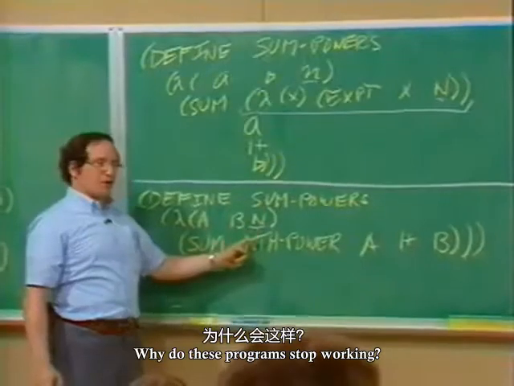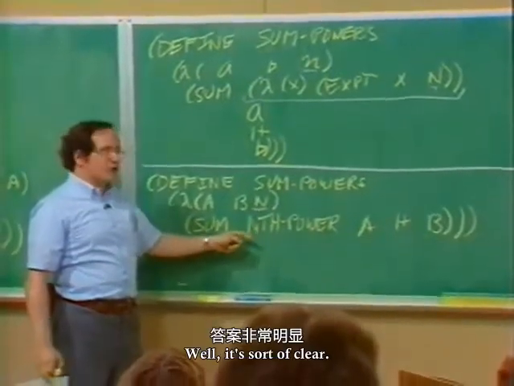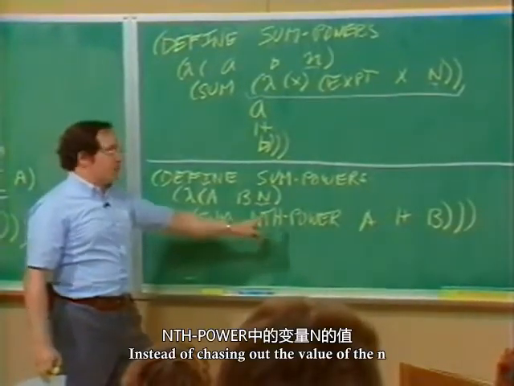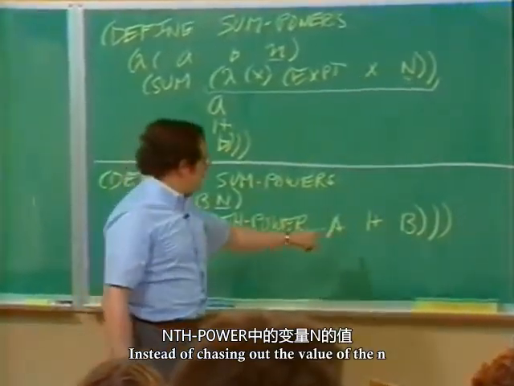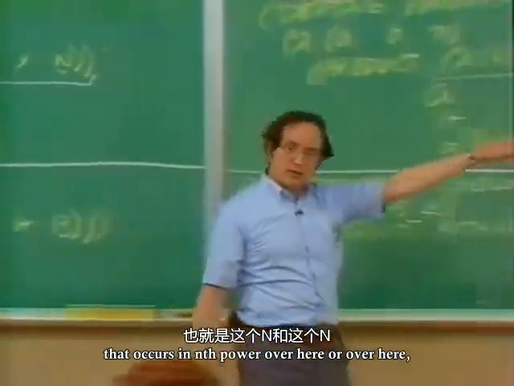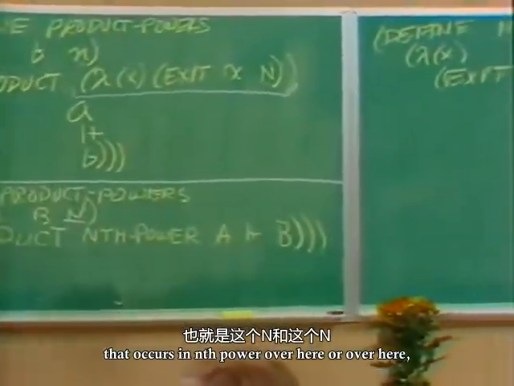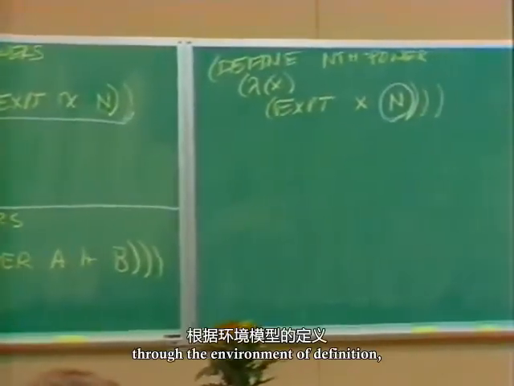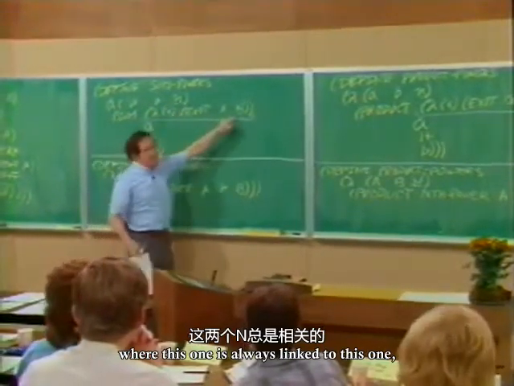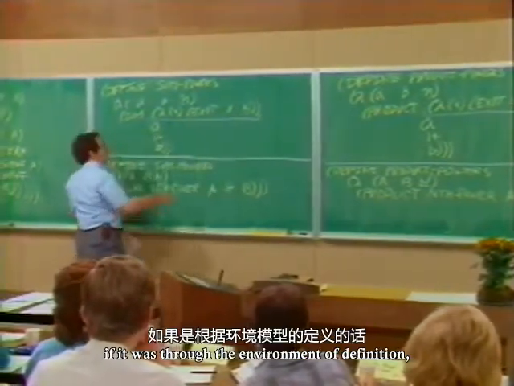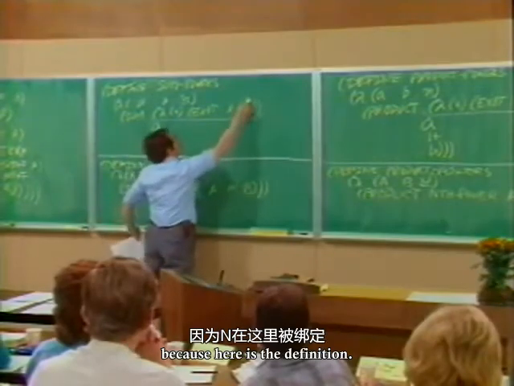Okay, why do these programs stop working? Well, it's sort of clear. Instead of chasing out the value of the n that occurs in nth power over here or over here through the environment of definition, where this one is always linked to this one if it was through the environment of definition, because here is the definition.